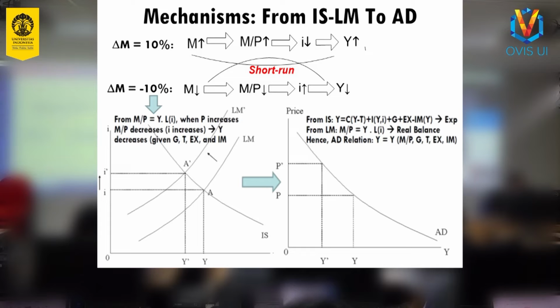You change that Y with the M over P, because according to the real balance equation, M over P is related to what?